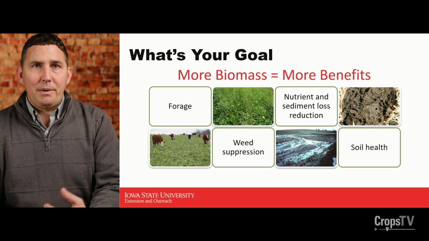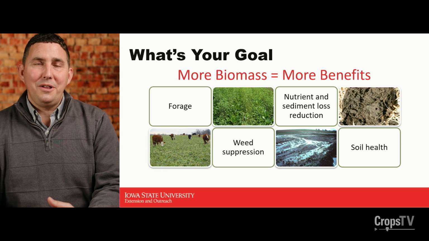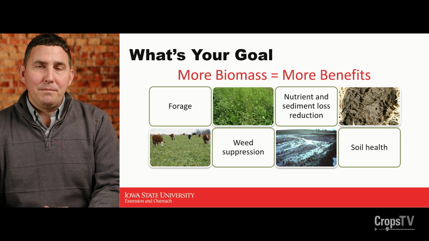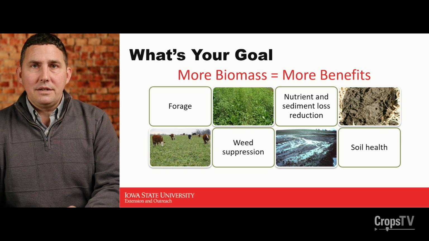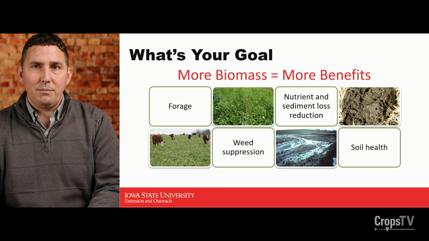Okay, so again, just coming back to, what's your goal? We know with most of these goals that the more biomass that we produce, the more benefit we're going to get. And so knowing where those critical points are, like I mentioned, right?